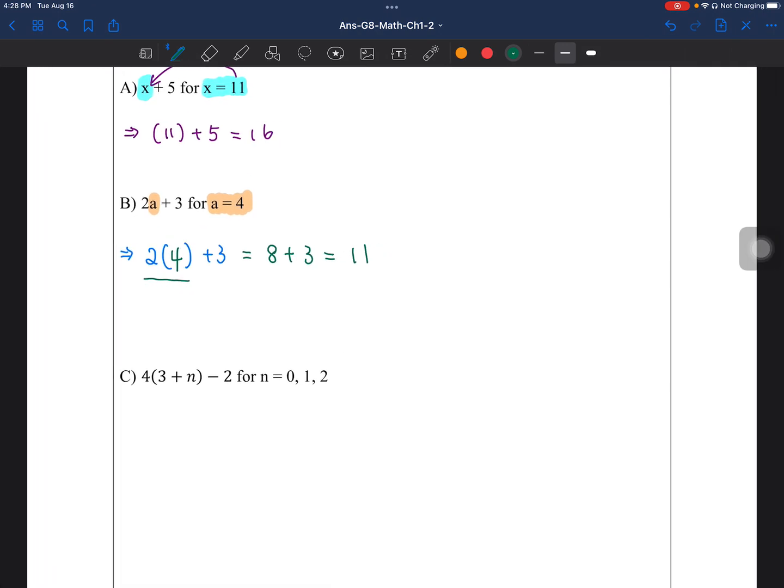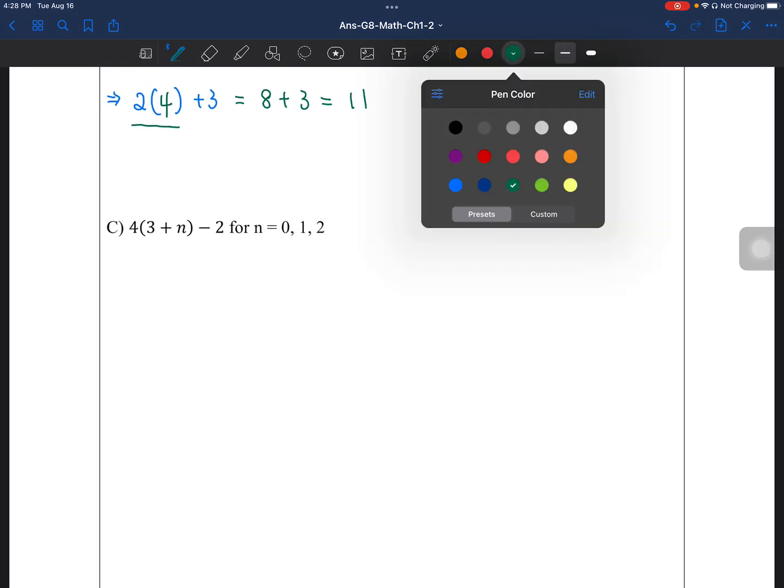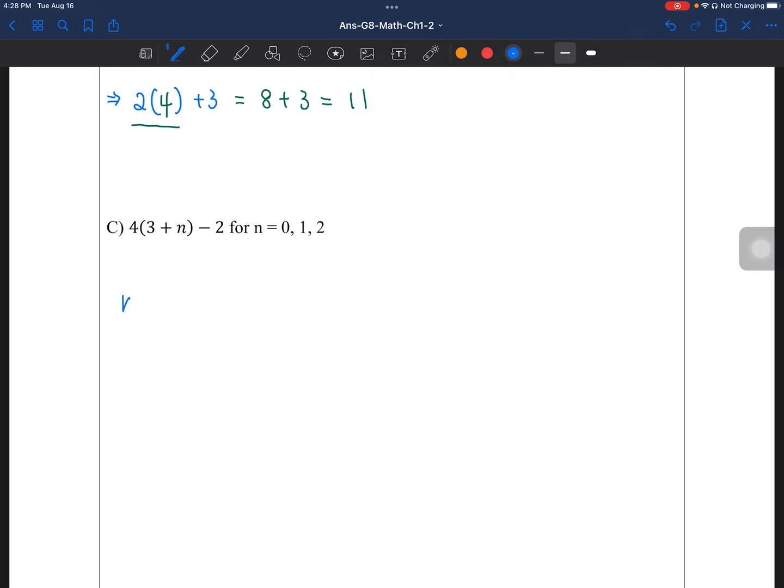Now I want to evaluate when n equals 0, n equals 1, n equals 2. So I have 4 times n minus 2.